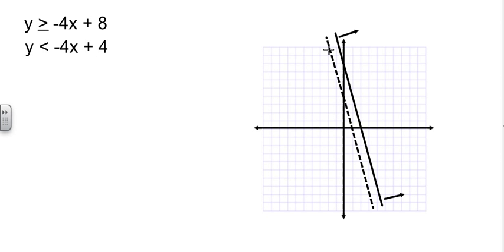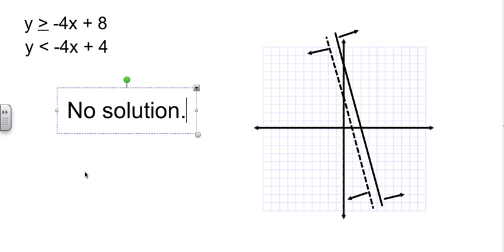So for the dotted line, I shade toward 0, 0. Where do these overlap? They don't. When your two sections don't overlap, then you report no solution because they don't overlap.